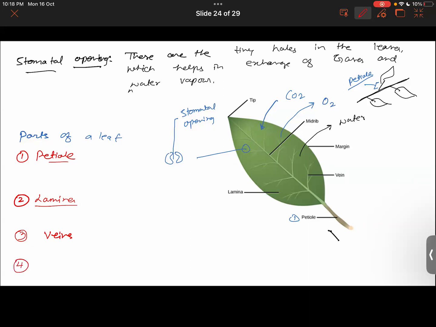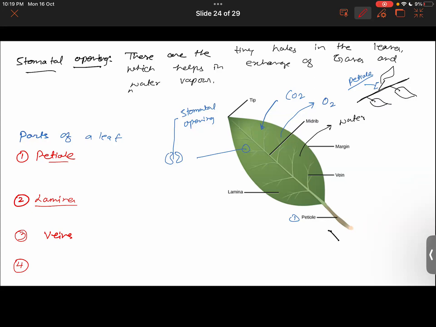Then you have got the fourth part. Can you name which one I am talking about here? The main nerve that goes in the leaf. This is actually the midrib, the central structure present in the leaf, in the middle of it. है ना? Also, we can see these branched veins are emerging from this midrib, isn't it? This midrib is holding all the parts and provides support, sorry, not to the plant, to the leaf actually.